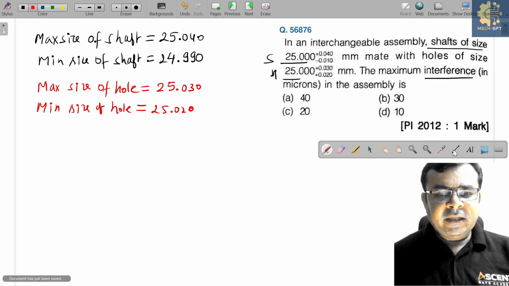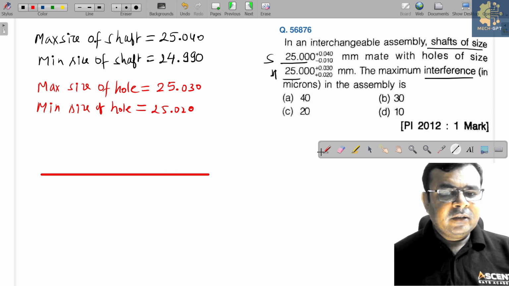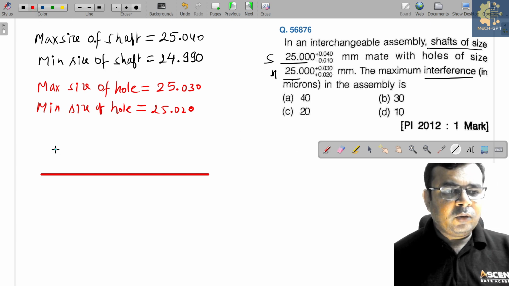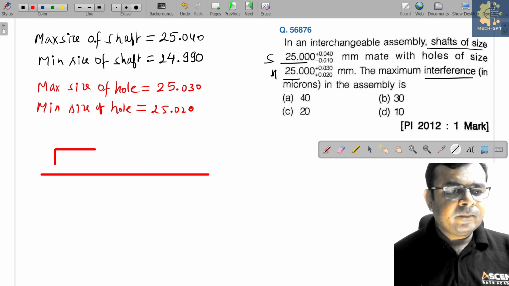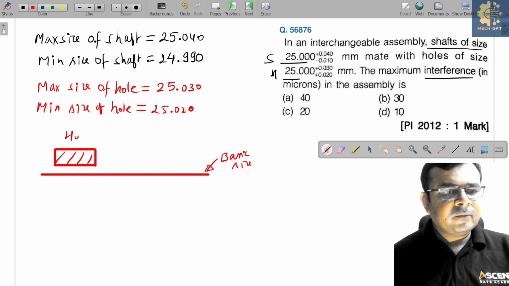So you can see here, suppose this is the baseline, so the hole size is represented like this, correct? This is the basic size, correct? So this represents the hole tolerance.